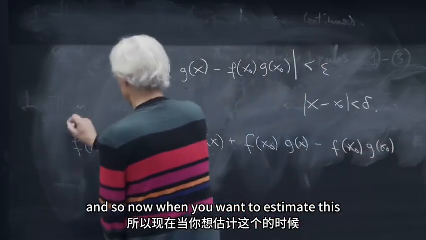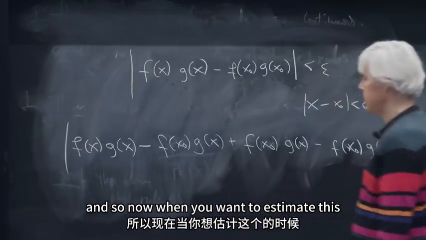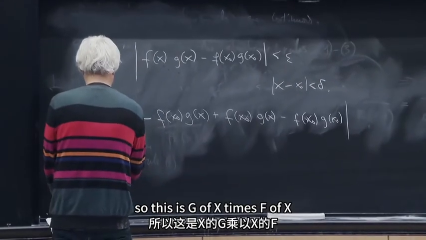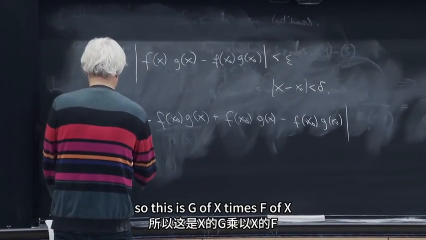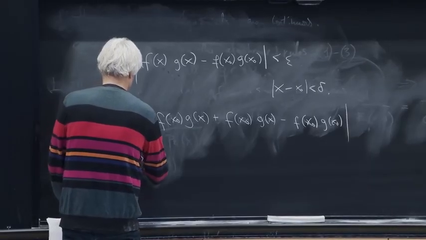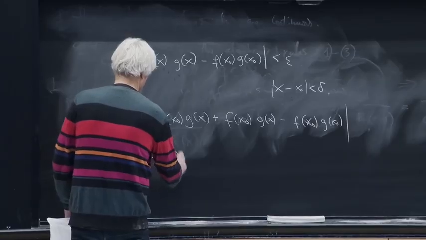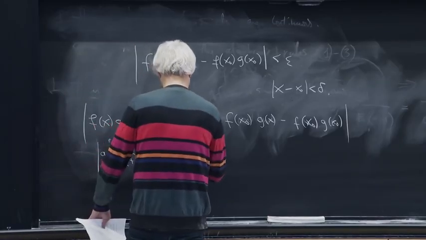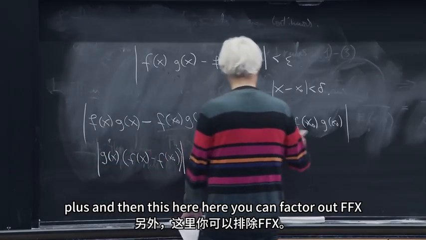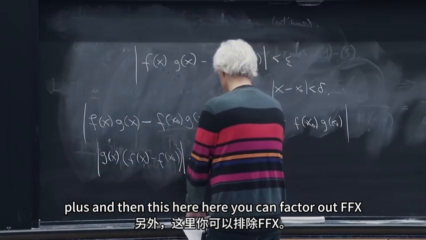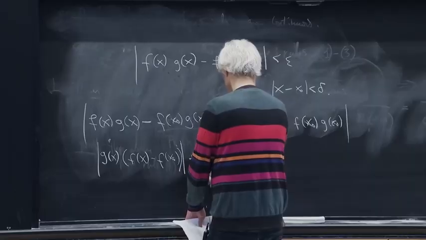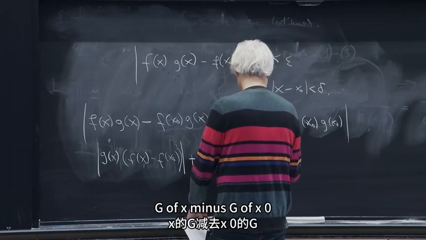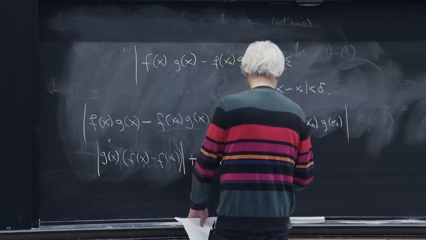And so now, when you want to estimate this, you estimate this thing here first. So this is g of x times f of x minus f of x0, and you take the absolute value of this, plus, and then this here you can factor out f of x0: g of x minus g of x0.